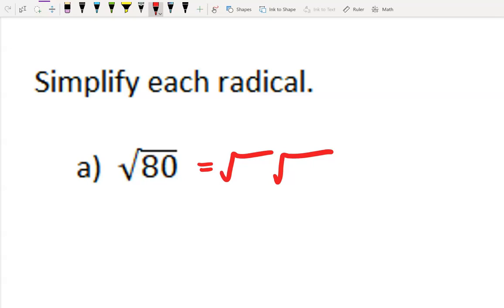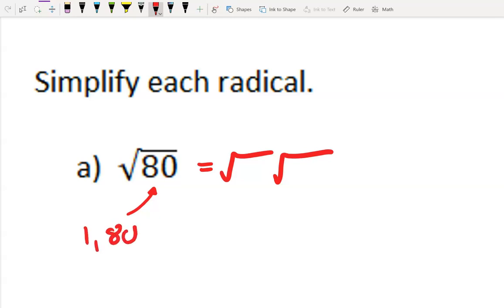So what I want you to do is think of 80, and we're going to use some language that we've been using for the last little while. Can you think of the factors of 80? And then I want you to think about which is a perfect square factor of 80. So let's do this really slowly.